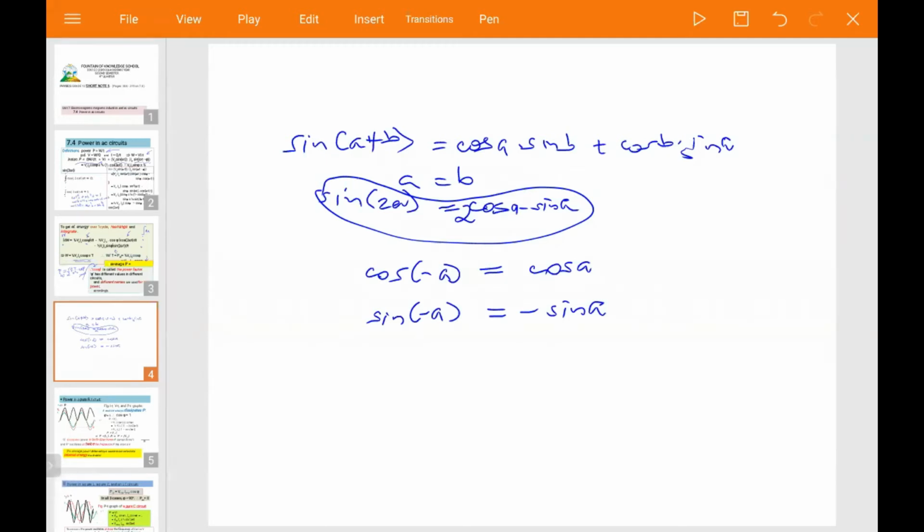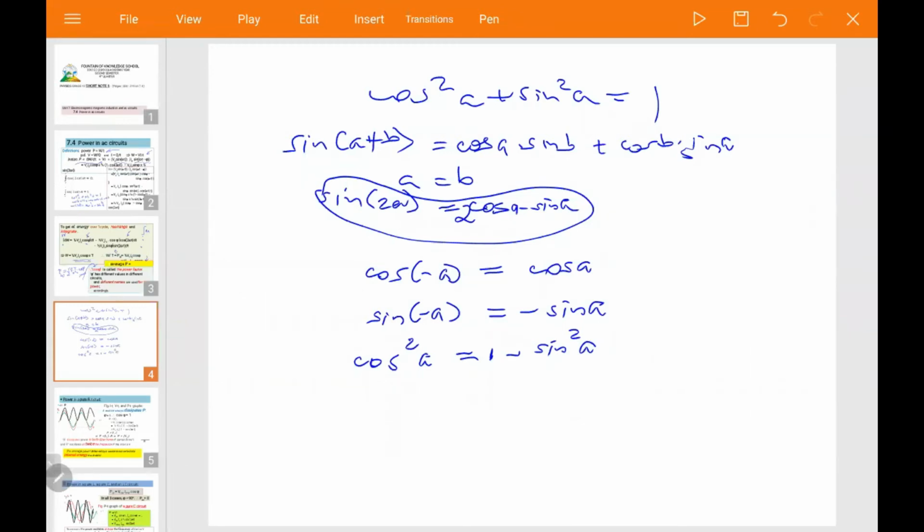So what does cos squared a or sine squared a represent? Let's do one of them, and the other you can do on your own. Cos squared a, if you remember, where cos squared a plus sine squared a is equal to 1. So if you solve for cos squared a, you get 1 minus sine squared a.